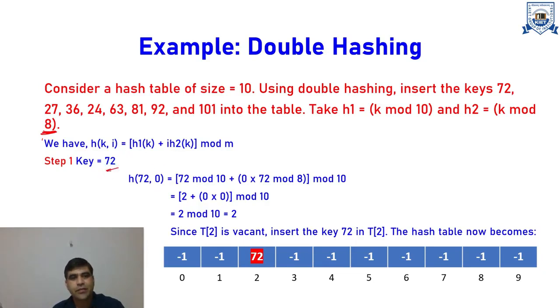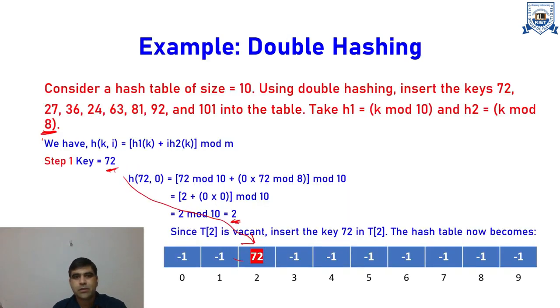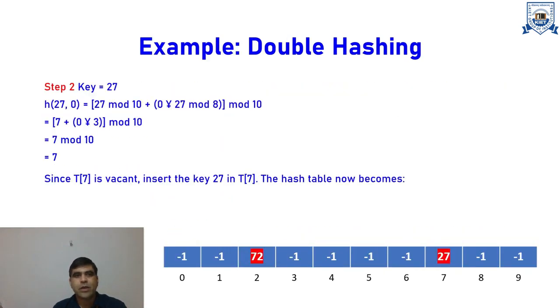For the first key 72, we apply this formula and we get location 2, because all places are initially vacant, so we can simply store 72 at address 2 in the hash table. This is step number 2. Then the second key is 27.